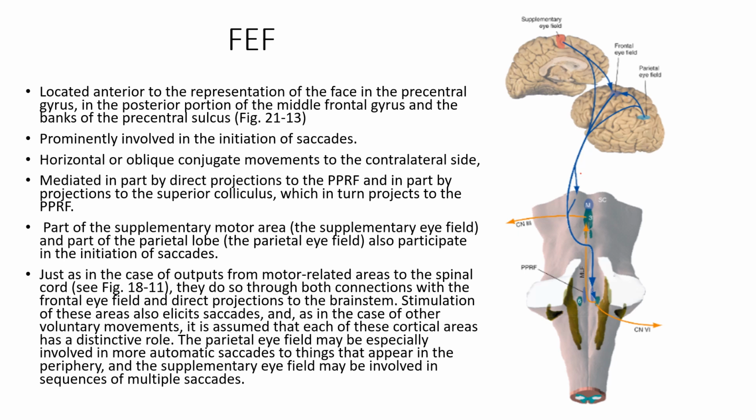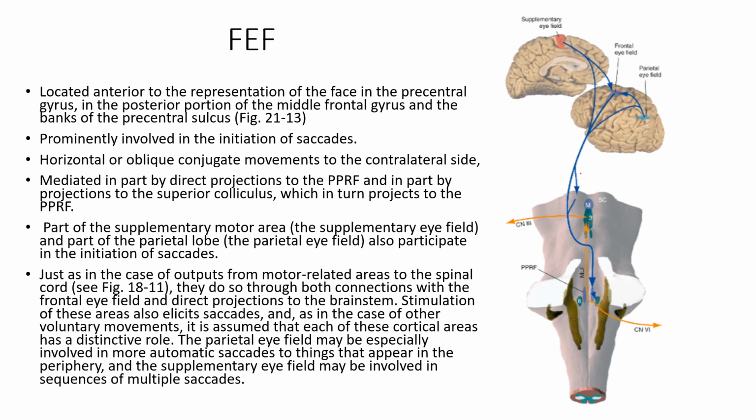It's mediated in part by direct projections to the PPRF and in part by projections to superior colliculus, which in turn projects to the PPRF. So either PPRF directly or superior colliculus first. Part of the supplementary motor area, the supplementary eye field, and part of the parietal lobe, or the parietal eye field, also participates in the initiation of saccades.